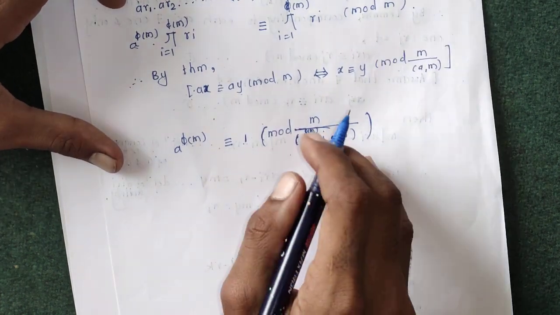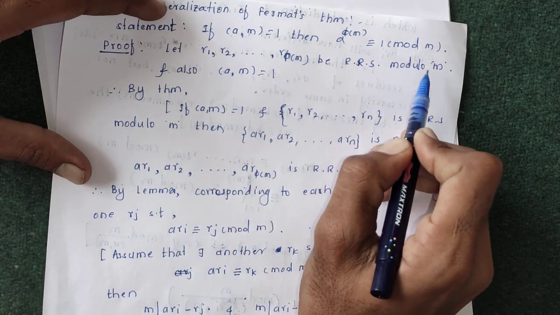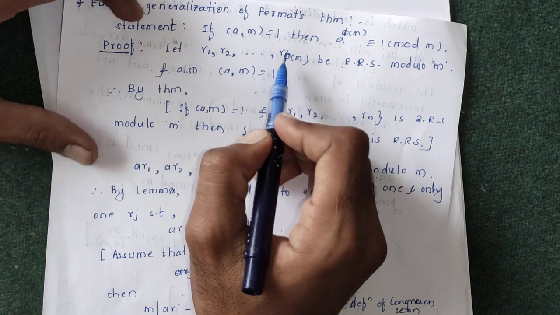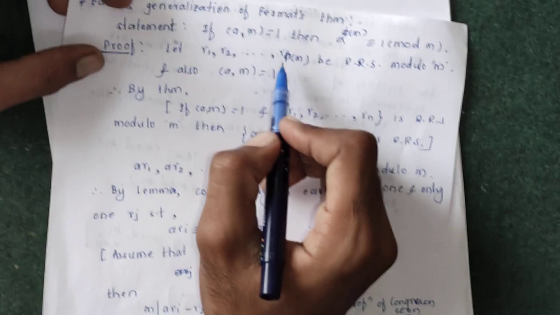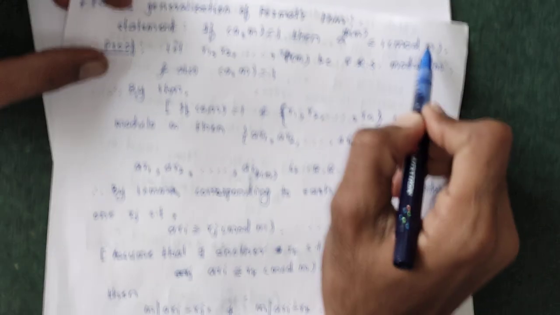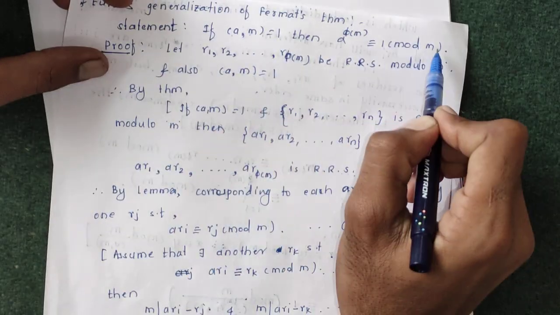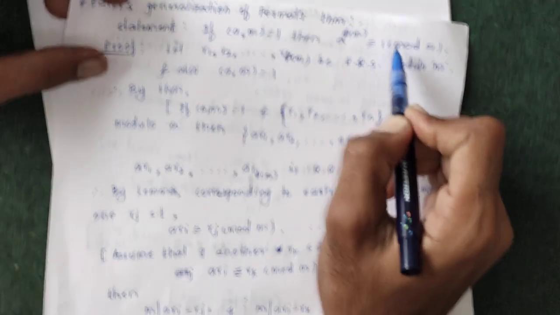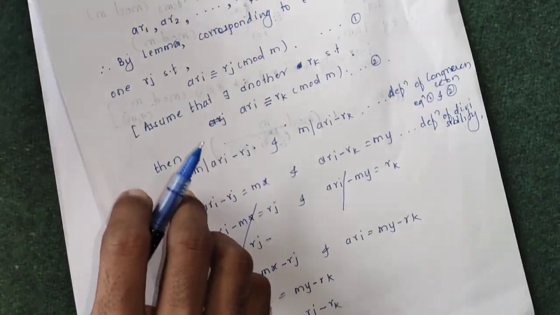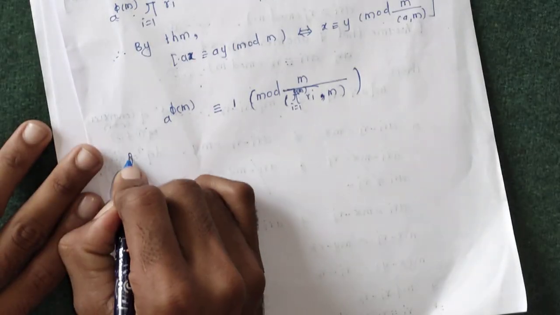To prove this, we know that r1, r2 up to r phi of m is a reduced residue system under modulo m. By the definition of reduced residue system, the second condition says that these ri's are relatively prime to m, that is GCD of r1 and m is 1, GCD of r2 and m is 1, up to GCD of r phi of m and m is 1.